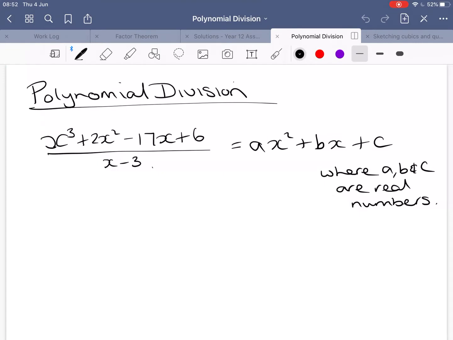It might be find the solution to x cubed plus 2x squared minus 17x plus 6 divided by x minus 3. And in this situation, we're going to get a quadratic as our answer.